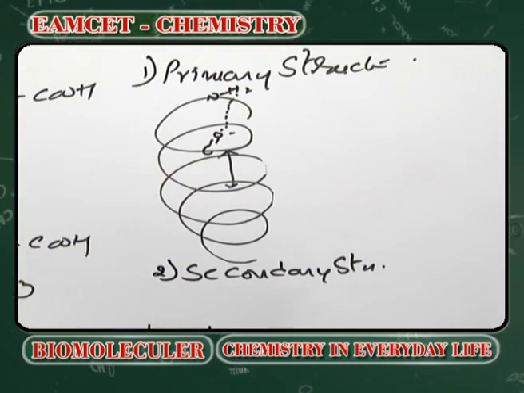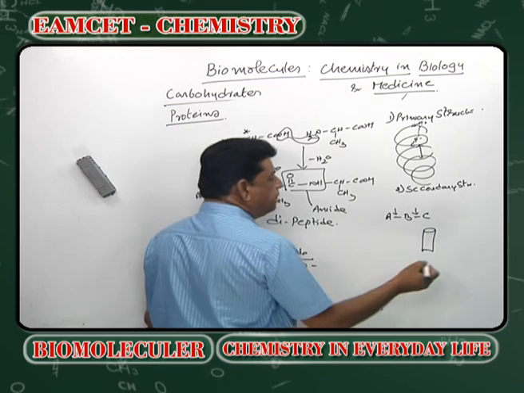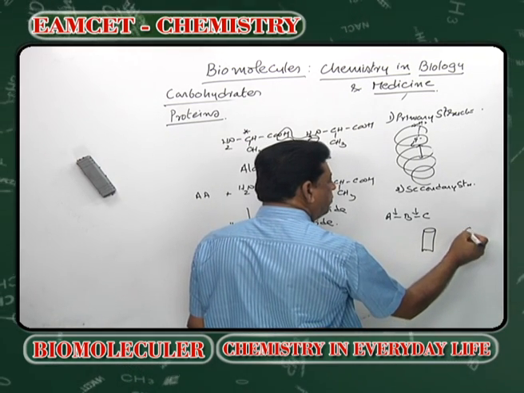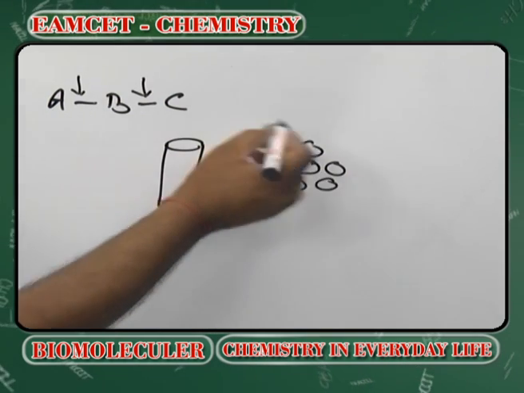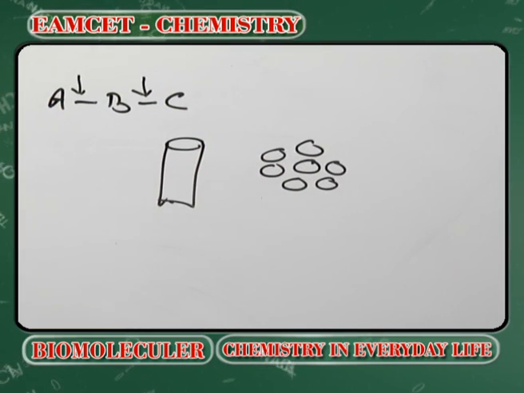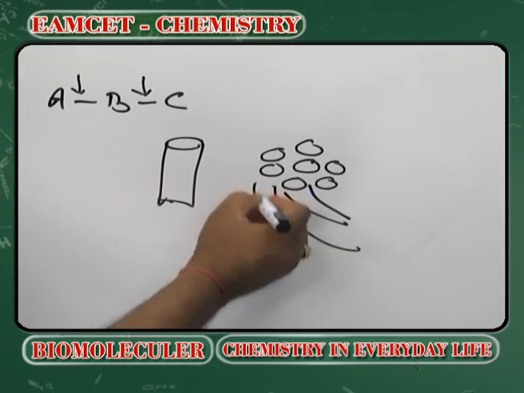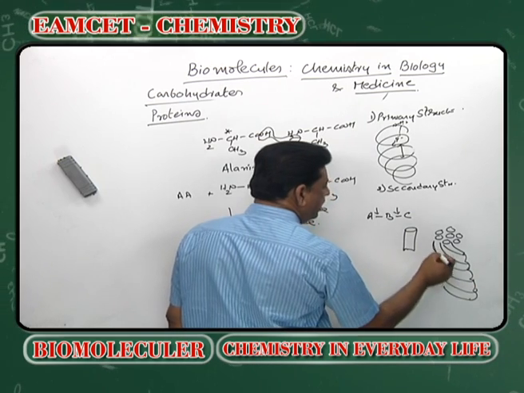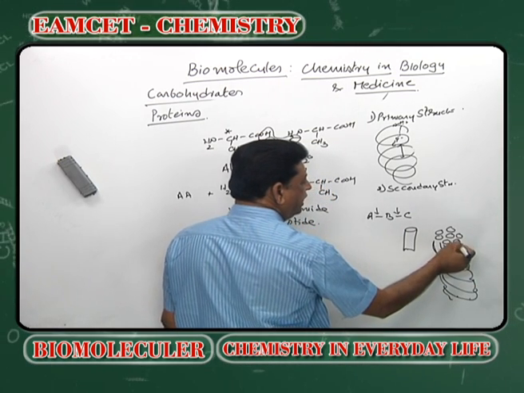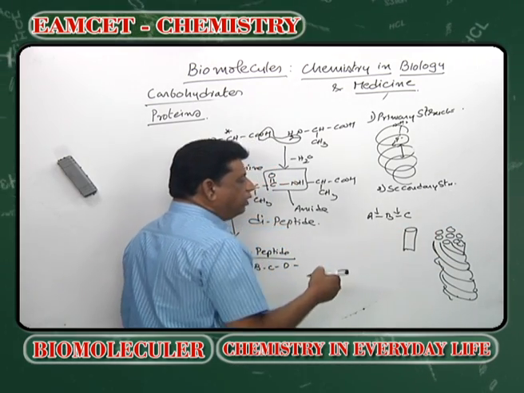Now the secondary structure may look like a rope. If you cross-section a rope, you may find six or seven small ropes, which are in fact twisted. Sometimes the middle is hollow.